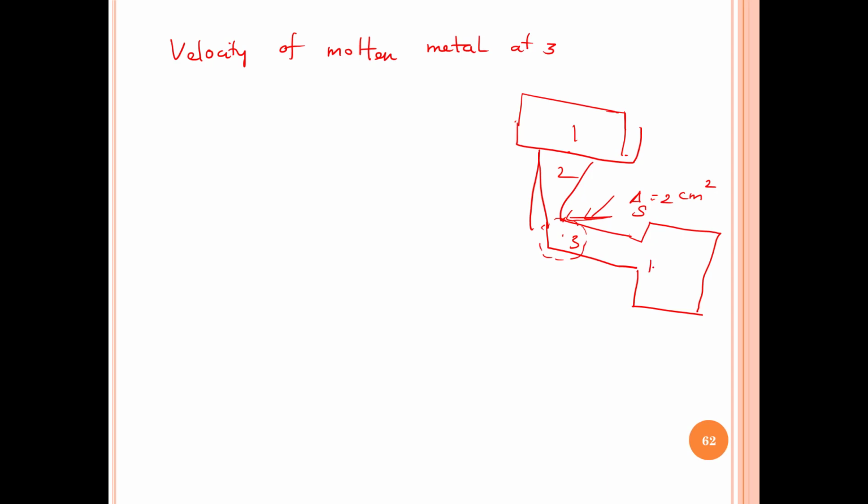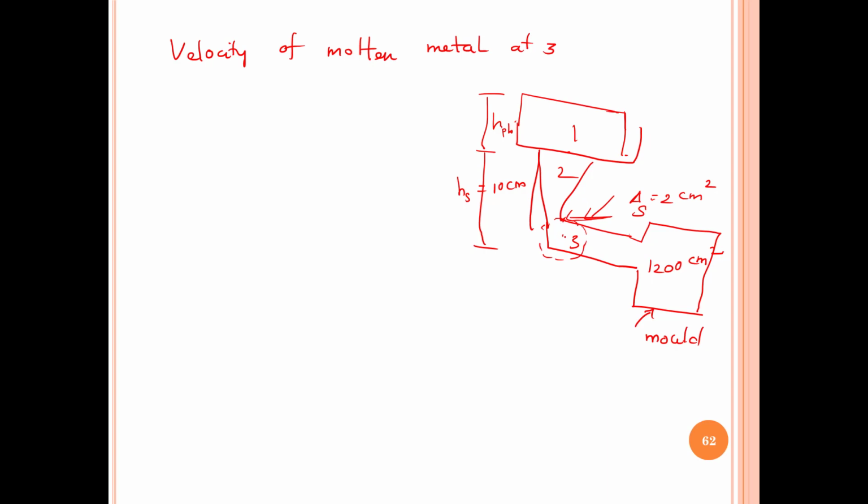Then this is 1200 centimeter cube, this is the mold. The height of the sprue is given here, equal to 10 centimeter. The height of the pouring basin is not given, so we neglect it. Now the velocity of molten metal at 3.